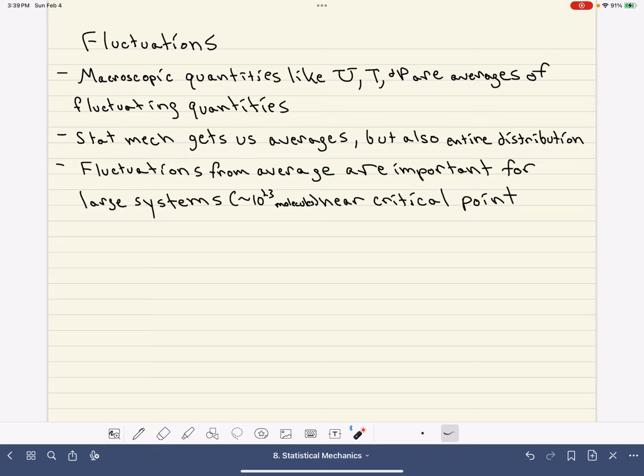Fluctuations from averages are important for systems that are near their critical point, near critical temperature or critical pressure or critical concentration, because these fluctuations will determine the behavior.